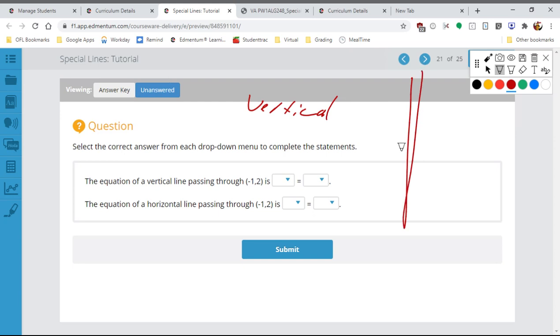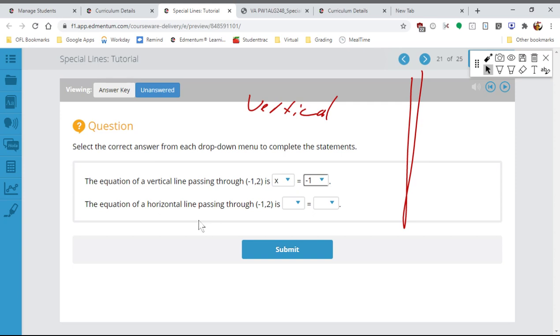the x never changes. So if the x never changes, it's x equals, what's our x in this equation for x equals? X equals what? What's our vertical line going to be? X equals, x equals -1. What about this one? This one's a horizontal line.